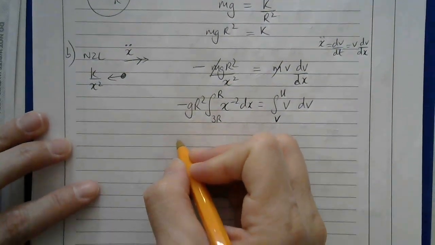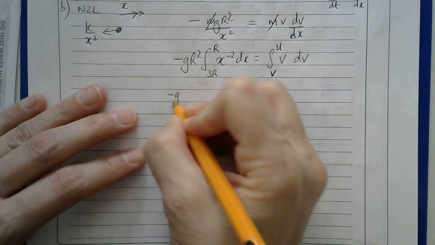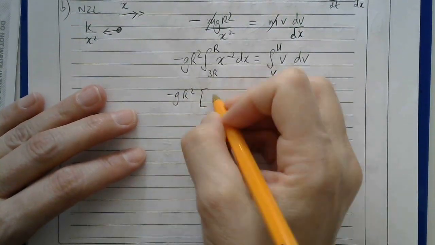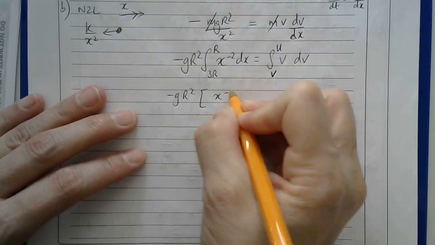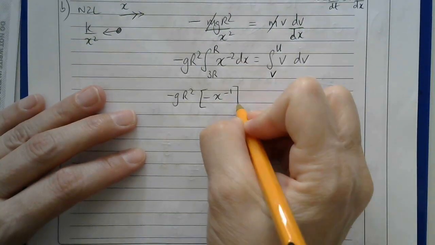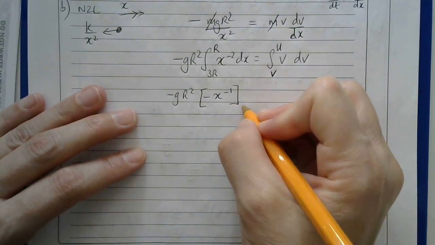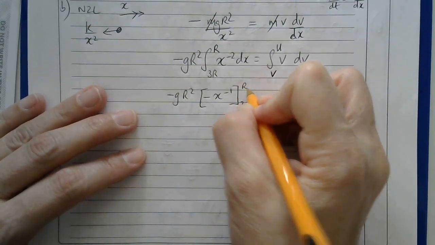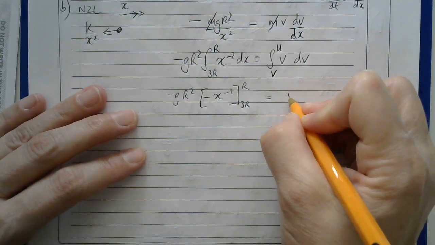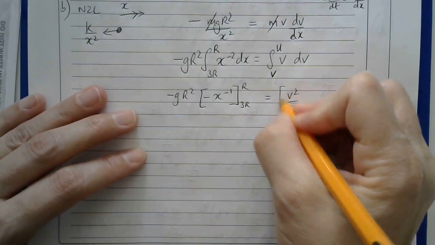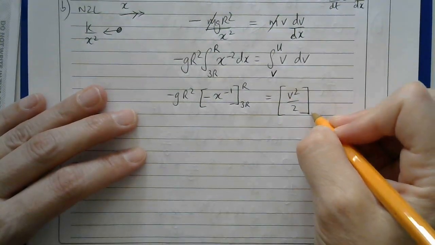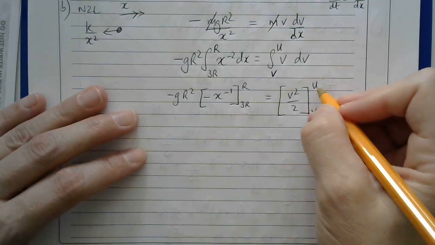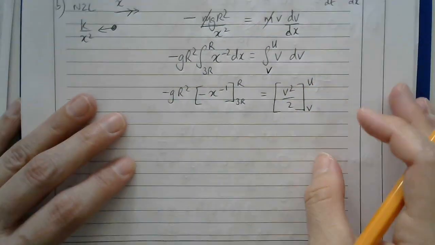So on the left hand side I'll get negative g r squared, and add 1 to the power, divide by new power, and I need to evaluate that from 3r to r. And on the right hand side I get v squared over 2 to be evaluated from v to u, and it's u that I'm looking for.